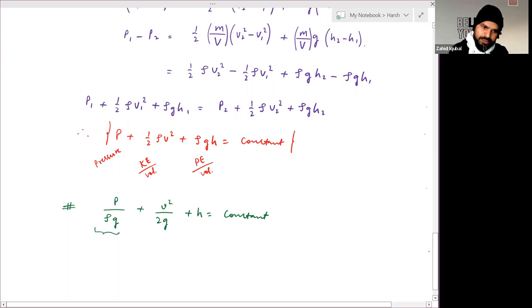This first one is called pressure head, the second one related to velocity is called velocity head, and the third one is called gravitational head.